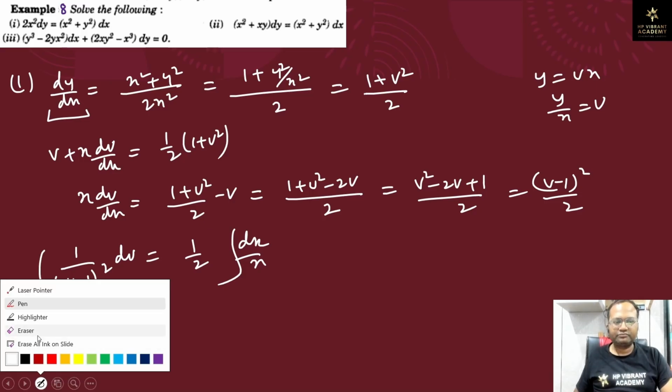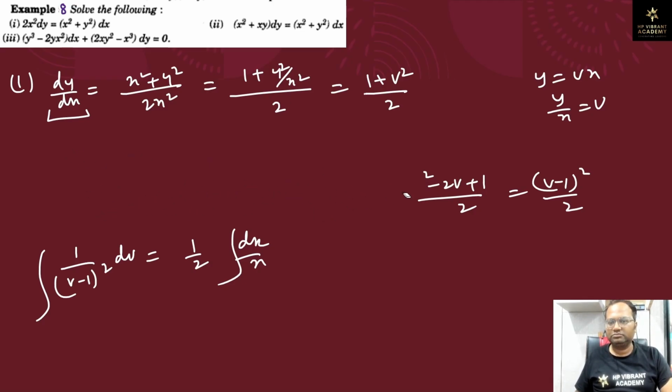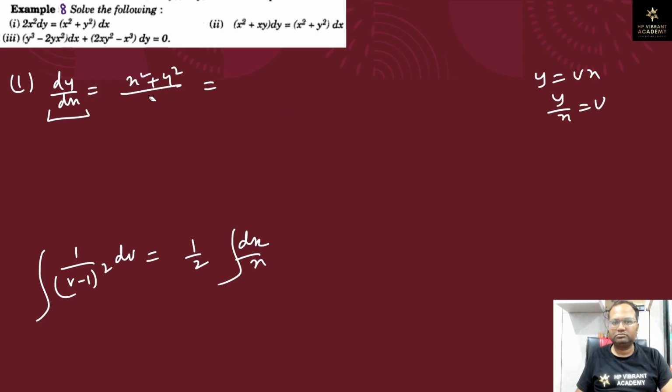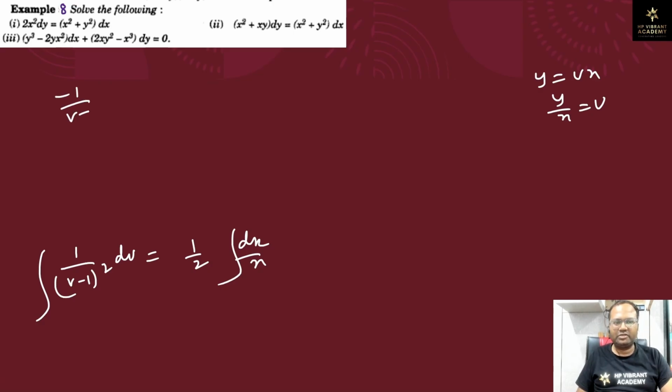Okay. Let us further simplify this. So this is minus 1 by v minus 1 is equal to 1 by 2 log x plus c.